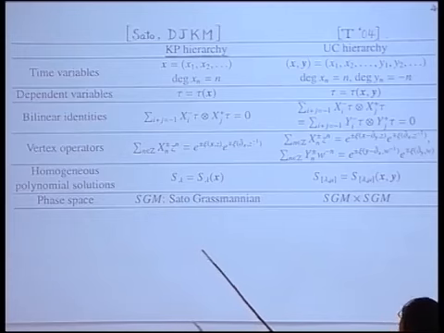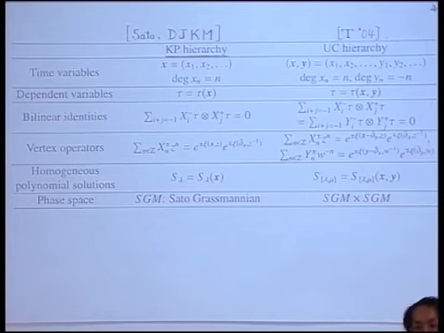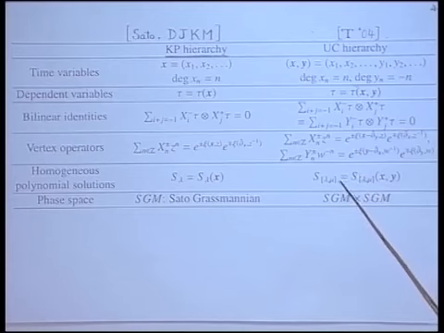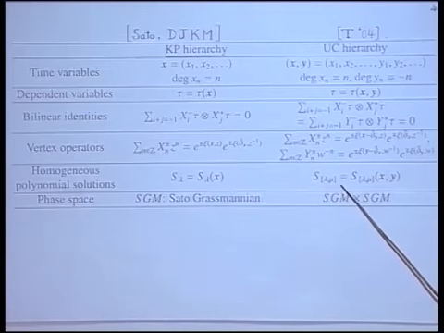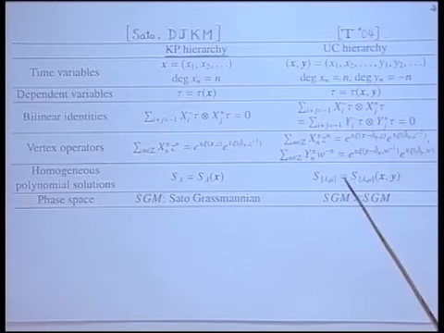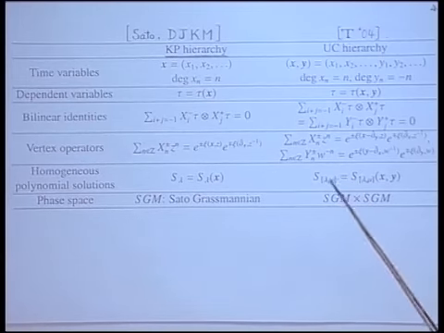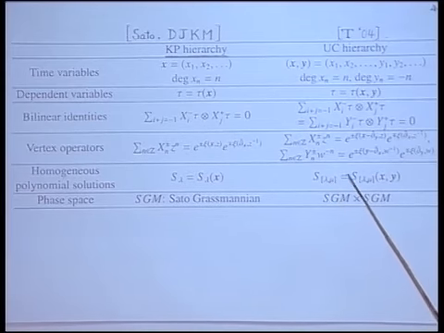On the other hand, the UC hierarchy is an extension of the KP hierarchy, which can be regarded as an integrable system characterized by the universal character. This is a universal character, S of lambda mu. It is a generalization of the Schur function attached to a pair of partitions or Young diagrams, lambda and mu.